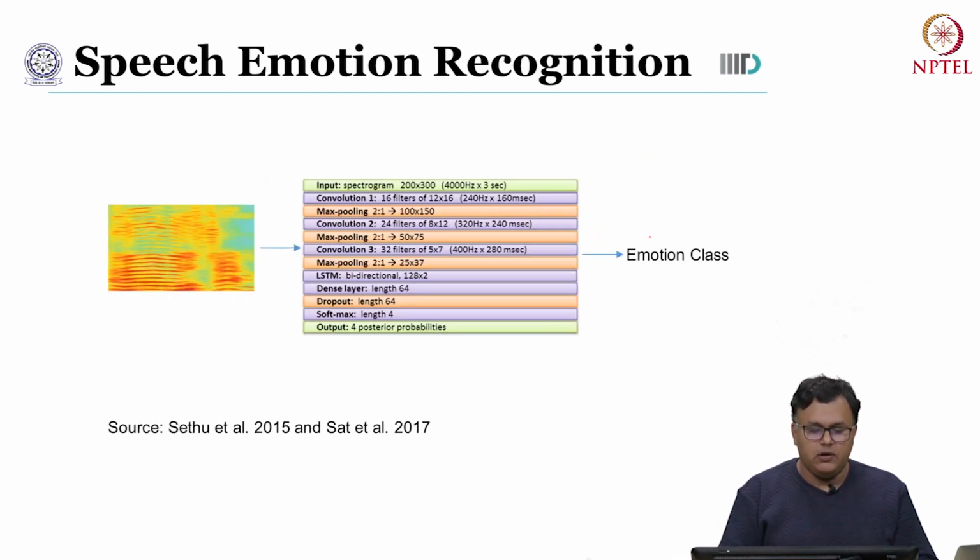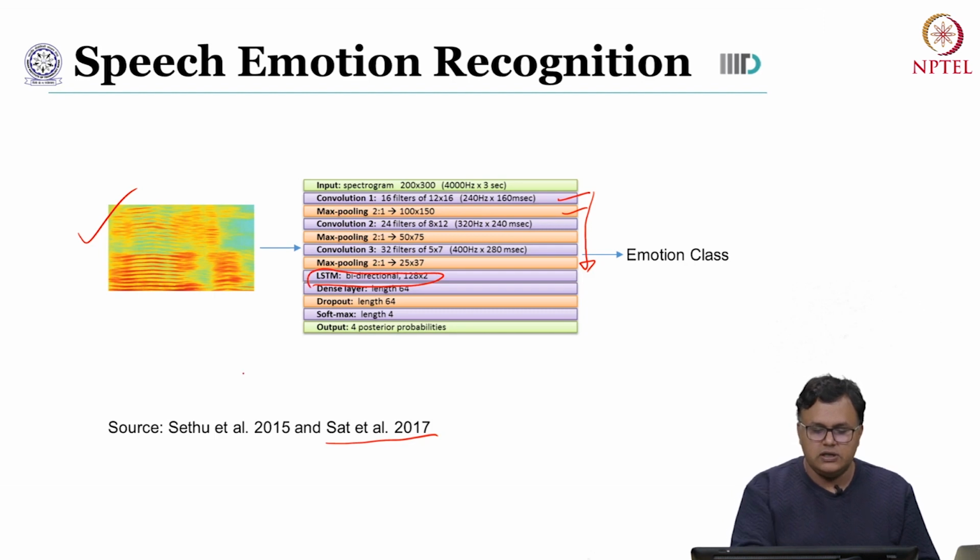So here is an example of a work by Satt and others, where they proposed this emotion recognition system wherein you have your spectrogram as input, and then similar to a traditional deep convolutional neural network, you have a series of convolutions, max pooling, and so forth, and to induce the time window as well, you have a bidirectional LSTM.